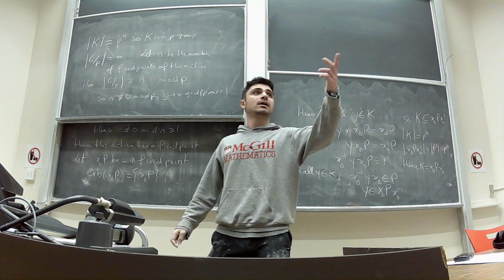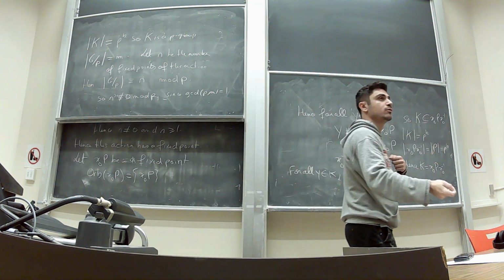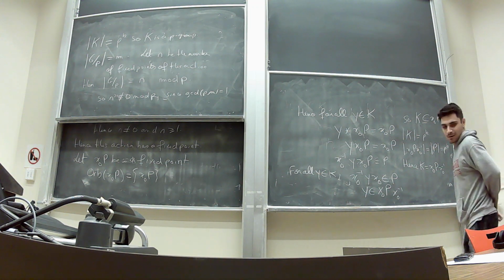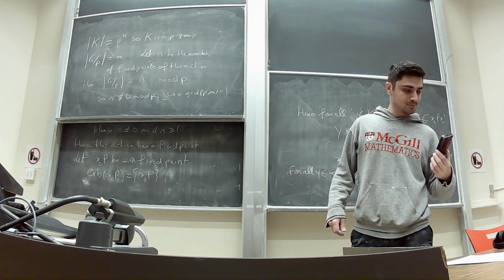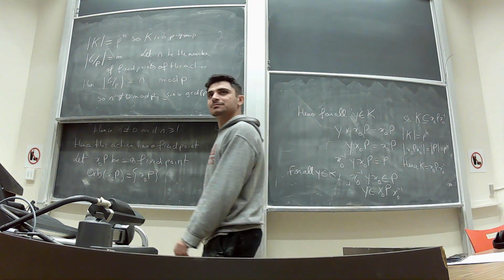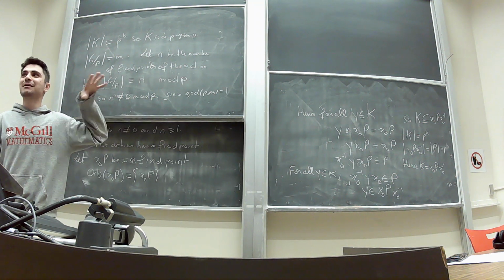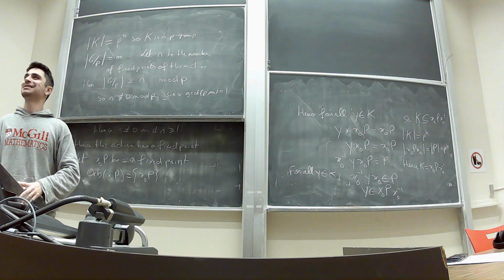Boom. Or, as your friend said, you can reverse the order of K and P. But here they're finite, so you don't need to do that. Very good argument, very fast, very quick.